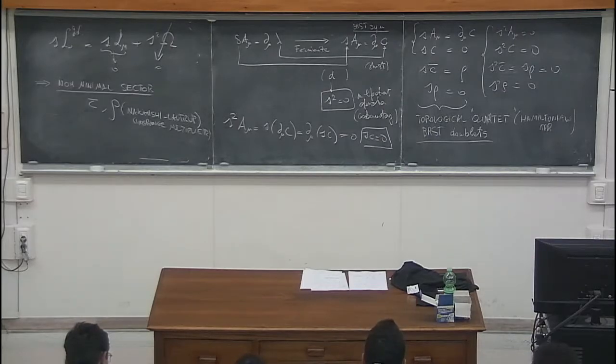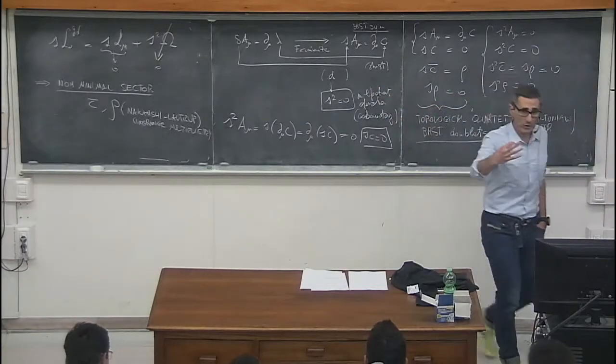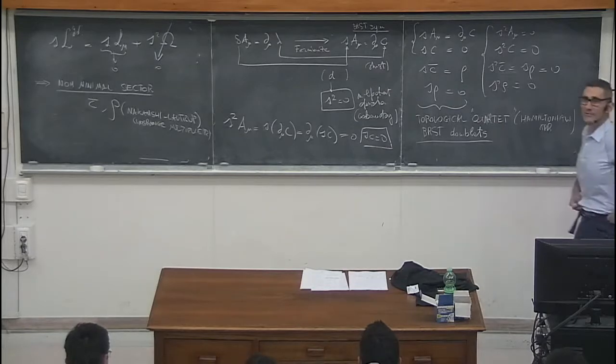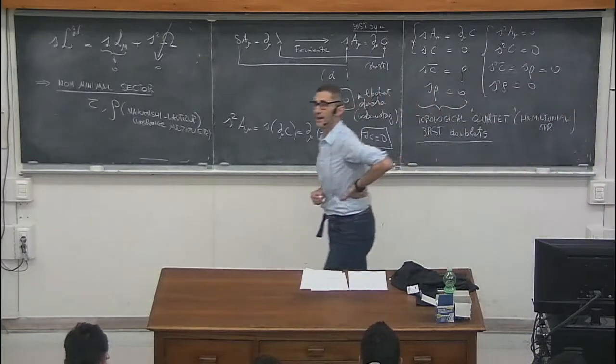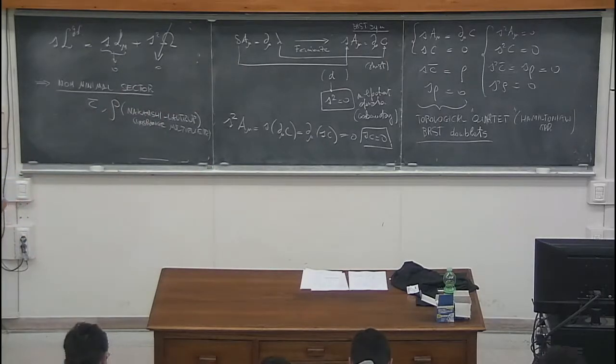The minimal sector I introduce because now I want to build an action for the gauge fields. In order to build the action for the gauge fields, I need an additional sector. I want to build an action because I want to quantize also the space of the gauge fields.